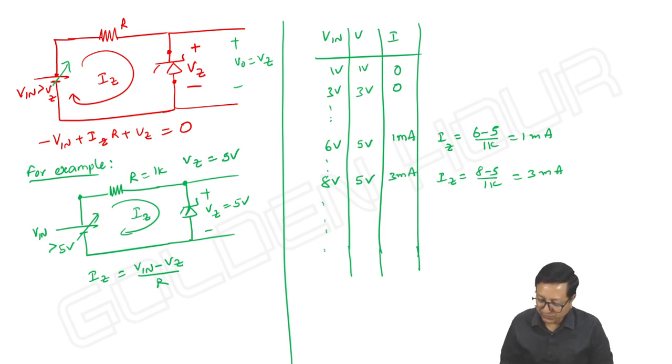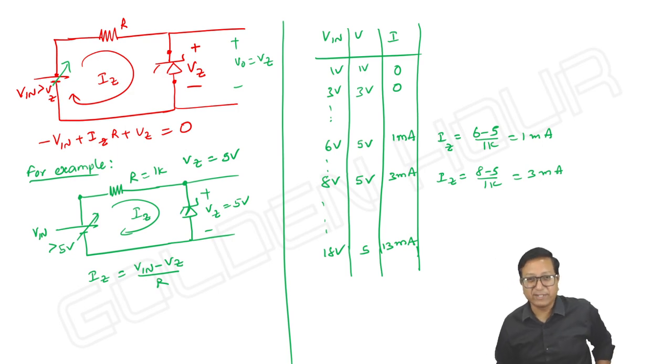Suppose it is 18 volts, still it maintains constant voltage, so the current will be 13 milliampere. So even though you are varying the input voltage, it maintains constant voltage across it with variable current.